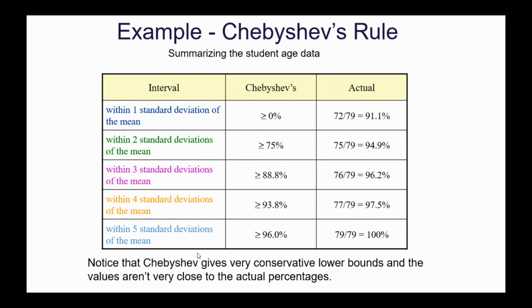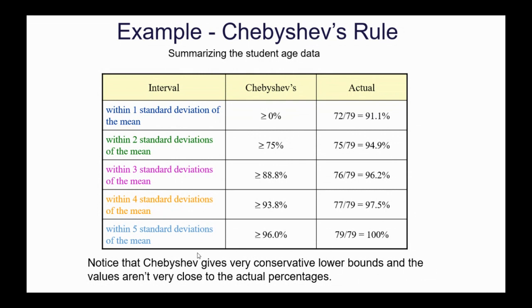According to our data set, we actually had 91.1% of the data within 1 standard deviation. Within 2 standard deviations, as we found out through that exercise earlier, at least 75% had to be within that range. Our data actually had 94.9%.